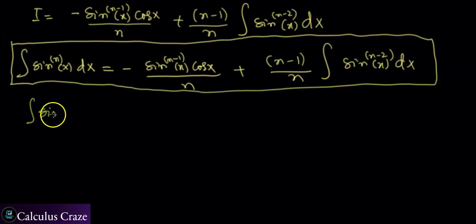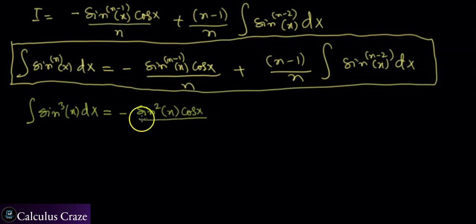Let's compute the integral of sine power 3 of x dx. So this should be equal to minus sine power, 3 minus 1 is 2, x cos x divided by n, which is 3, plus 3 minus 1, which is 2 over 3, times the integral of sine power 3 minus 2, which is basically 1.